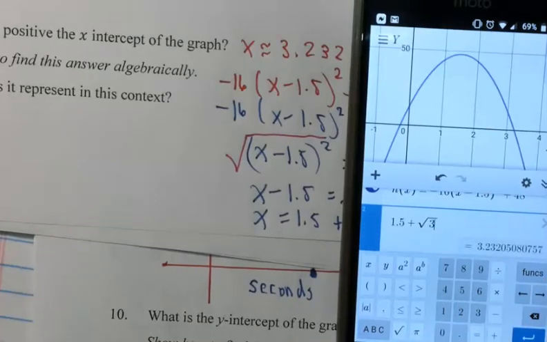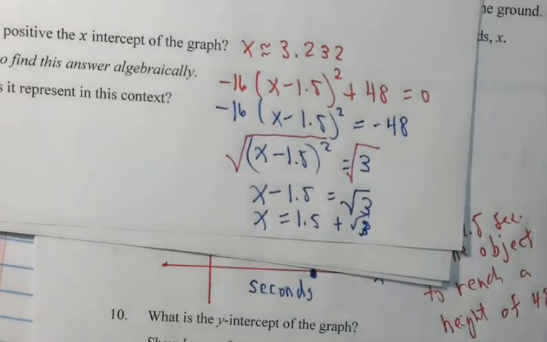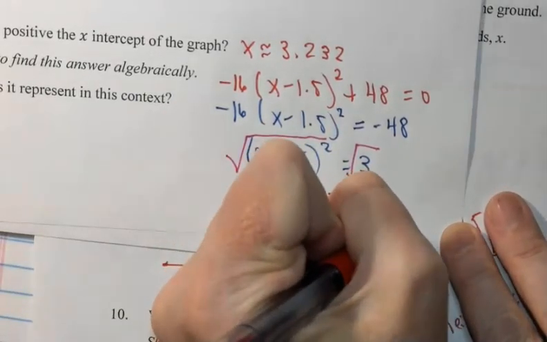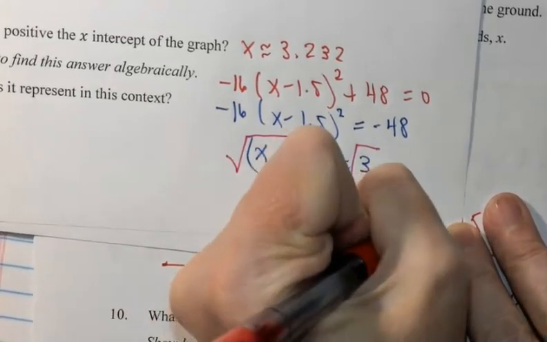And look at that. It gave me the decimal, 3.232, and a lot more digits. So now you can really see that that was a rounded answer. So the correct answer was 3.232. So I'm going to write that here. This is approximately 3.232.